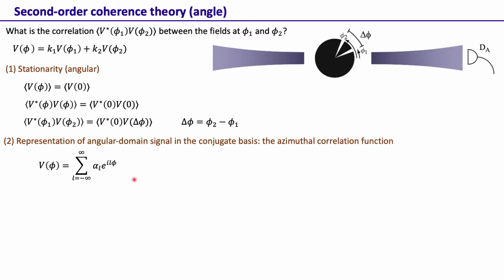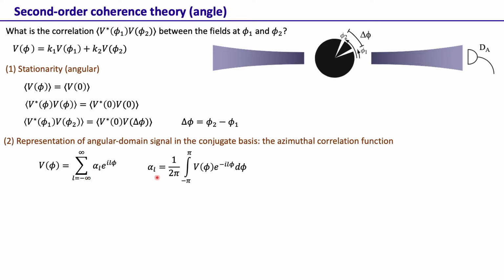We will see later if such a thing actually exists physically. At this point, what I'm saying is that the field as a function of phi can be represented in a discrete Fourier transform, in terms of these modes of the form e to the i L phi, where L goes from minus infinity to infinity in discrete steps: 0, 1, 2, up to infinity and so on.